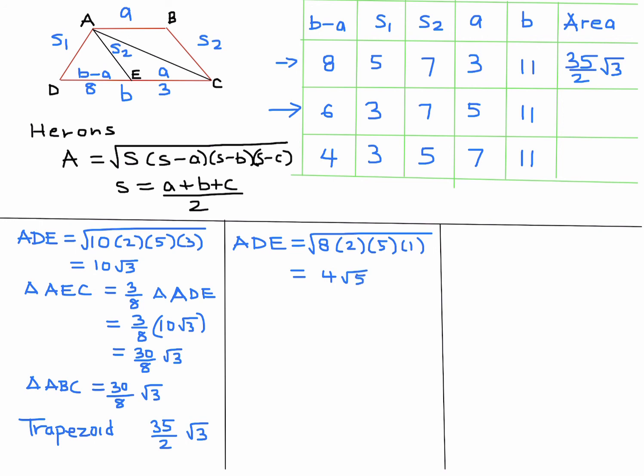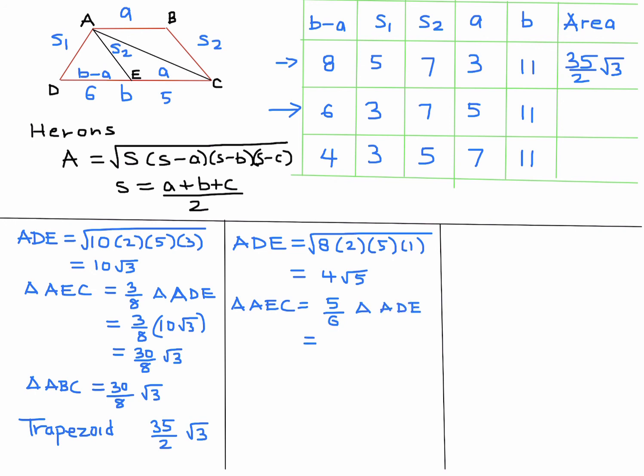And very similar to before, triangle AEC in this scenario, let's change the numbers here. It's not 8 and 3 anymore. It's this. A in this case is 5, and therefore B minus A in this case would be 6. So AEC is really 5/6 of triangle ADE.